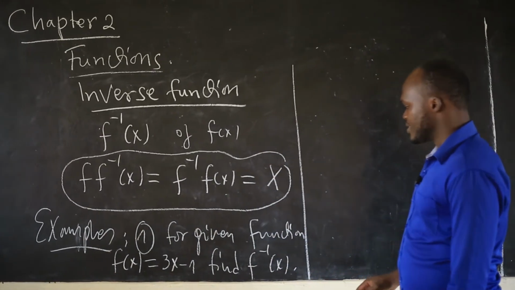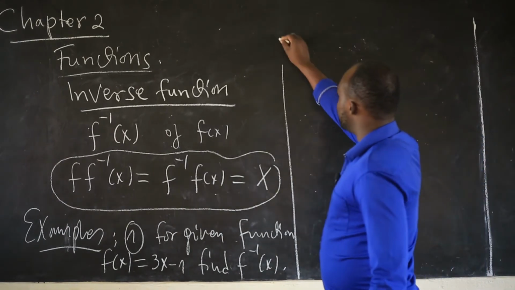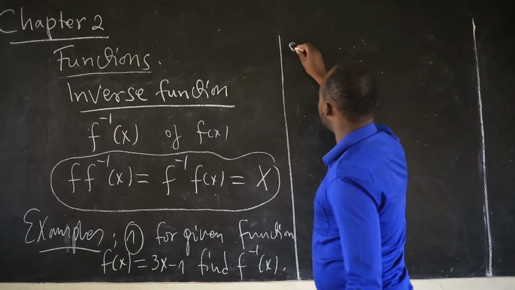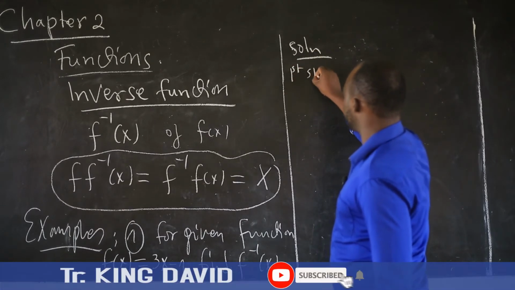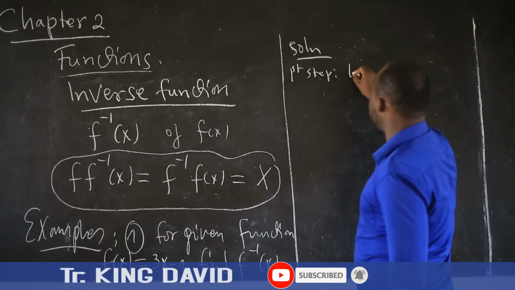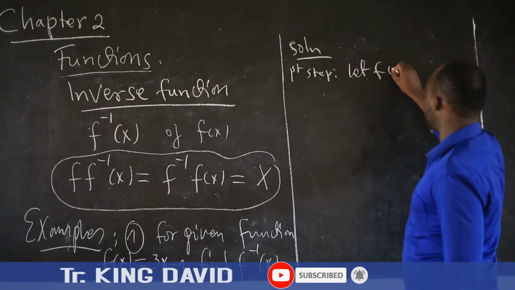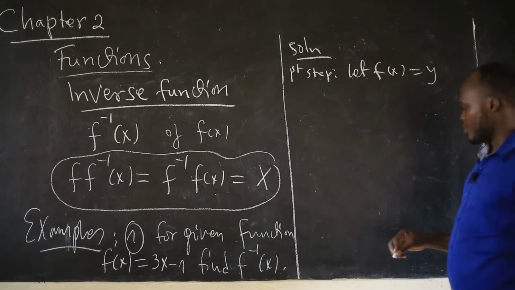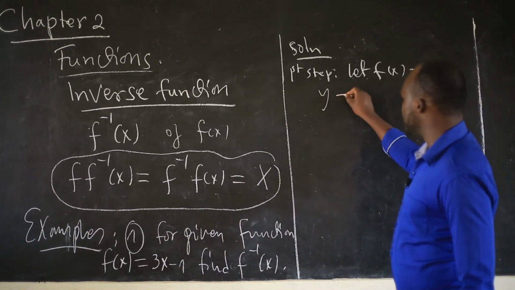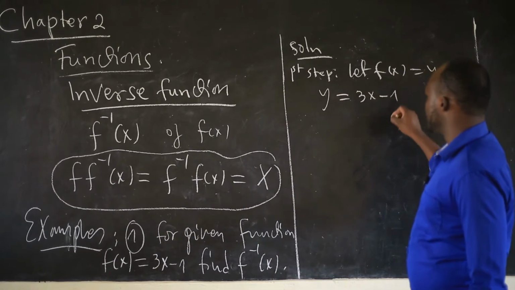How can you find the inverse of that one? The first step, we let f of x to be y. So meaning that our y is 3x minus 1.